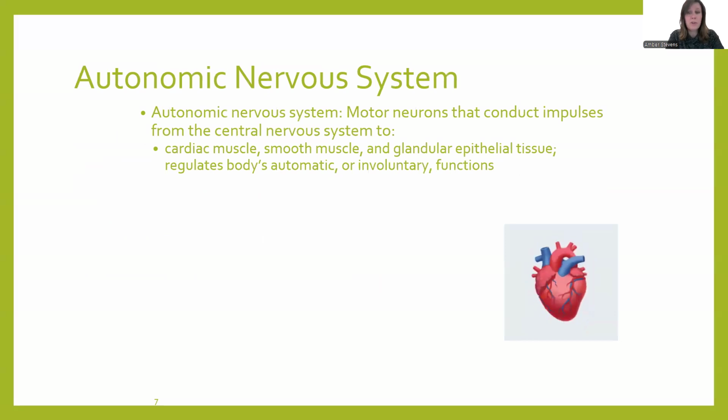So, motor nerves that control the voluntary actions of skeletal muscles are sometimes called the somatic nervous system. But the autonomic nervous system conducts impulses from the central nervous system to cardiac muscles, smooth muscles, glands, epithelial tissue, regulating automatic or involuntary functions.